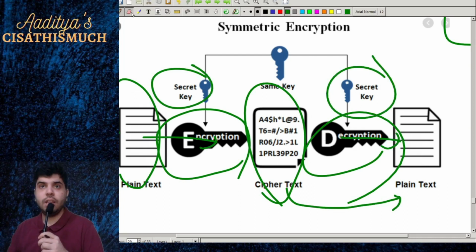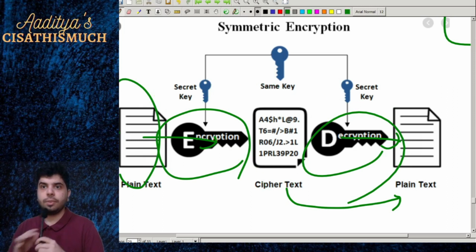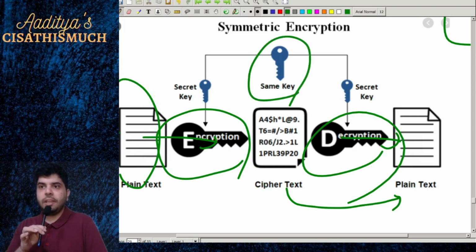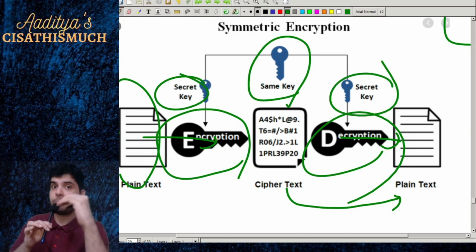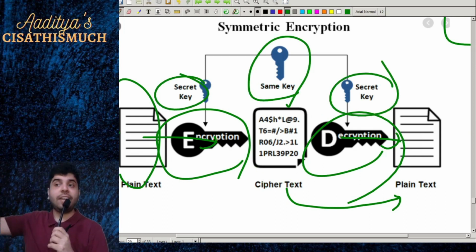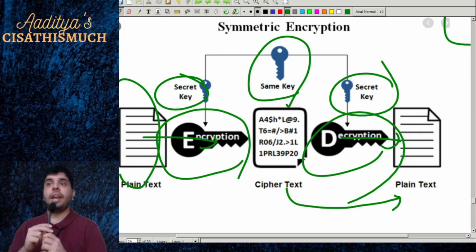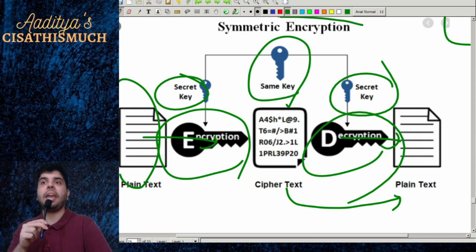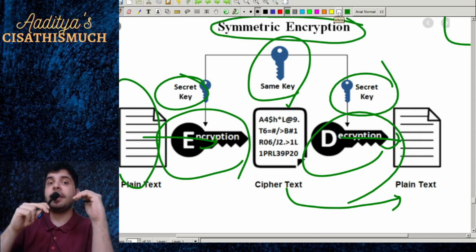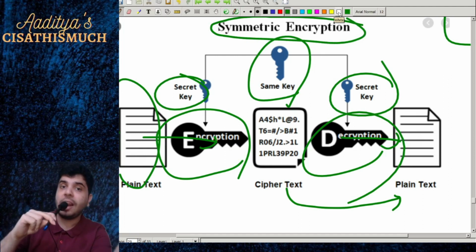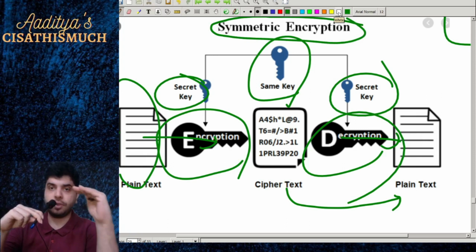Whenever the same key is used for encryption as well as decryption, it is called symmetric encryption.